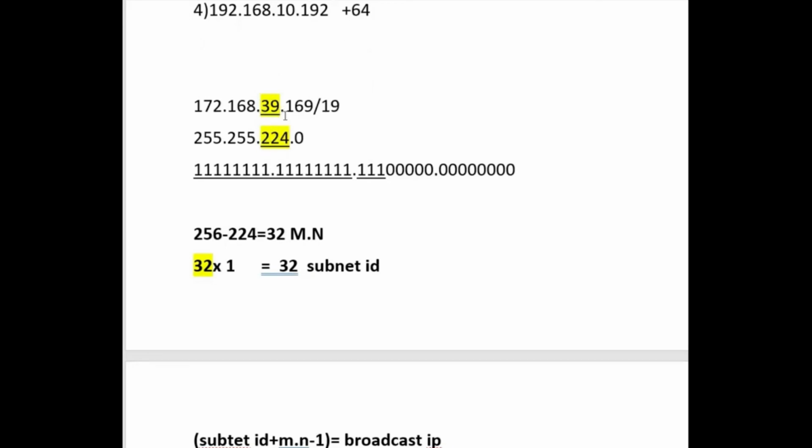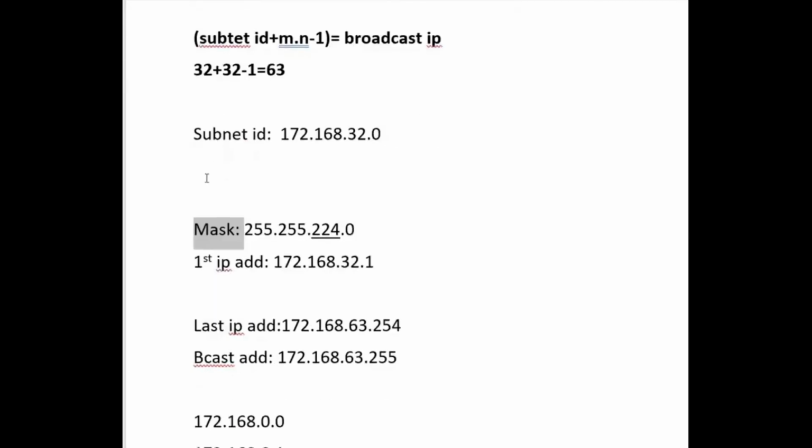And this is called the interesting octet. So 256 minus 224 equals 32. So 32 is our magic number. With that 32, we can find all this information.